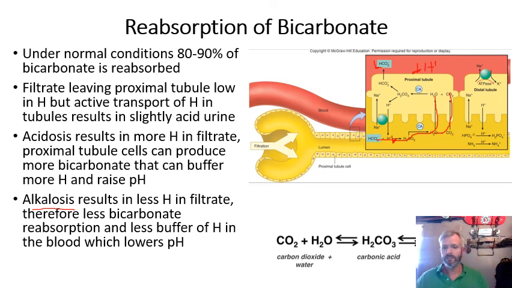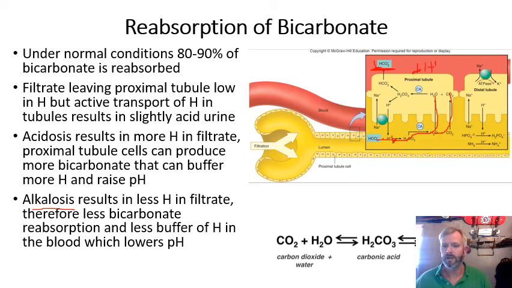So there's the factors. We've got the CO2, right? Say we had a problem with the levels of this in the blood, we can change our CO2. What happens if there's changes in CO2? We have a respiratory disorder that changes our CO2 levels and therefore changes our acidity.